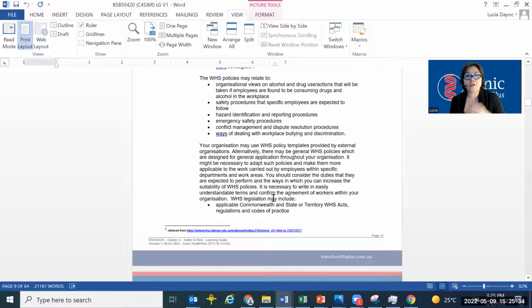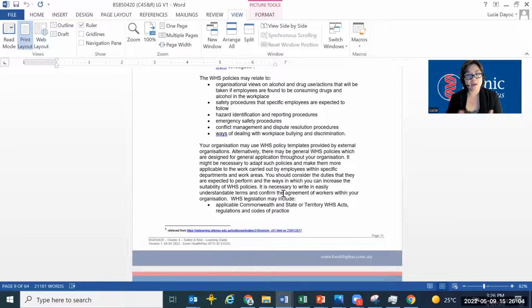It is necessary to write in easily understandable terms and confirm the agreement of workers within your organization. So the type of language that should be used in any report, on a template, on memos, for example, or the manual, has to be easily understood by anyone that is involved in that work area.